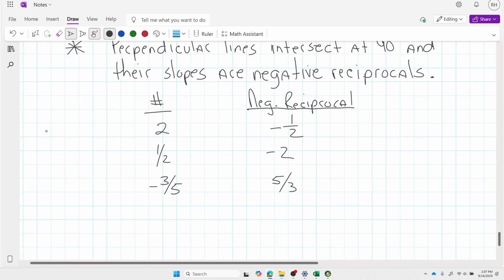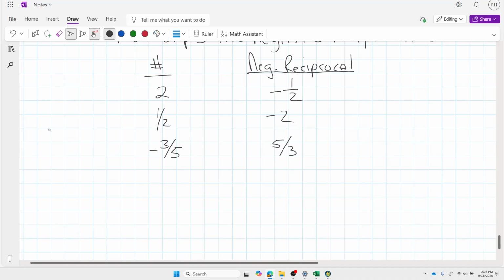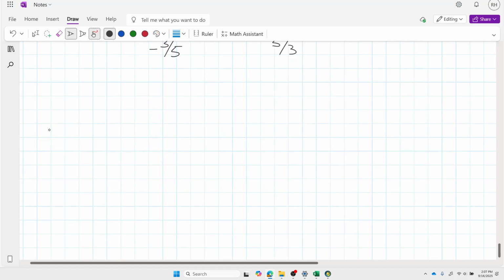So the last section of your practice today, you'll be asked, what is the equation in slope-intercept form?